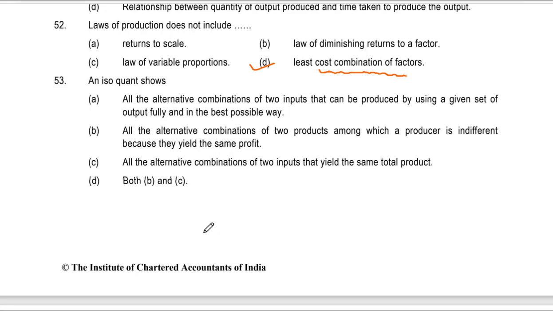C. All the alternative combinations of two inputs that yield the same total product. Or D. Both B and C. So over here the isoquant shows C, the alternative combinations of two inputs that yield the same total product, and that is isoquant.